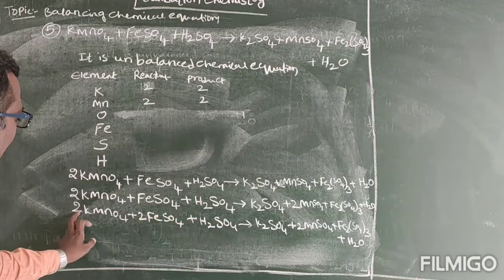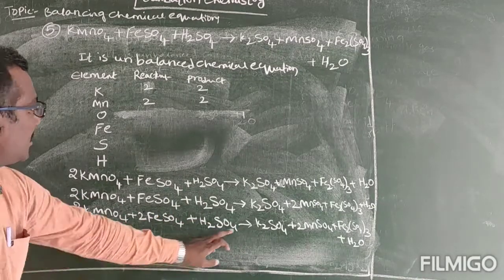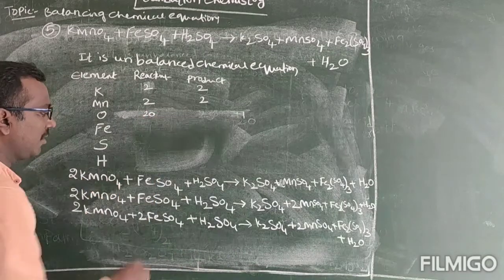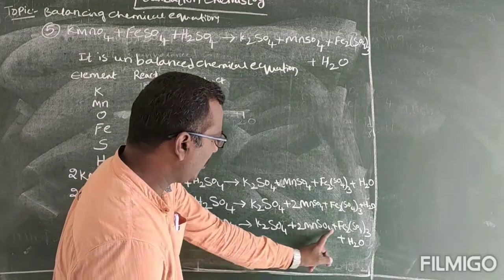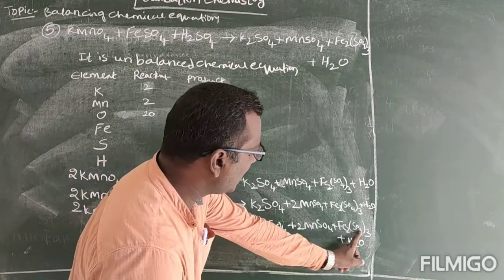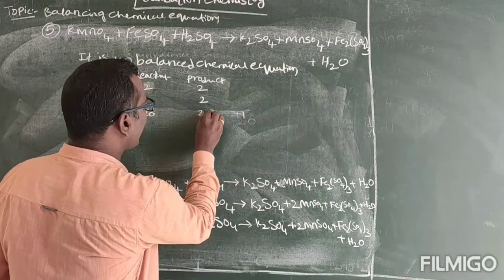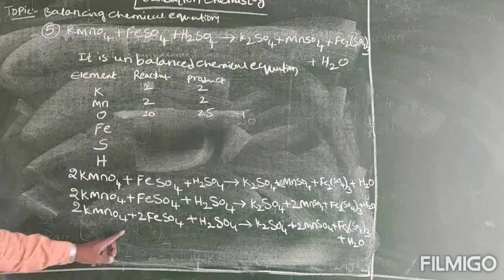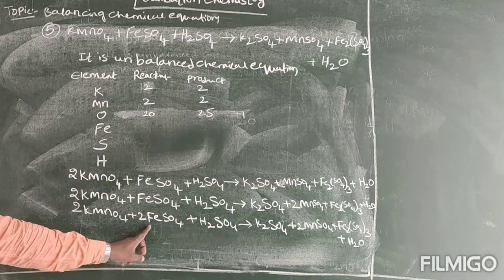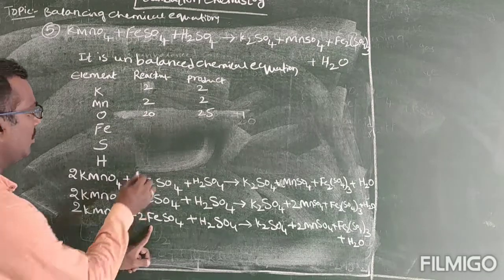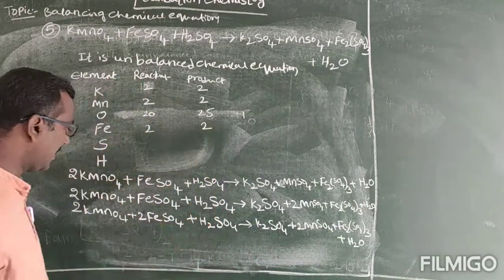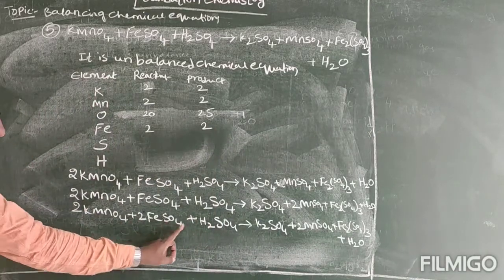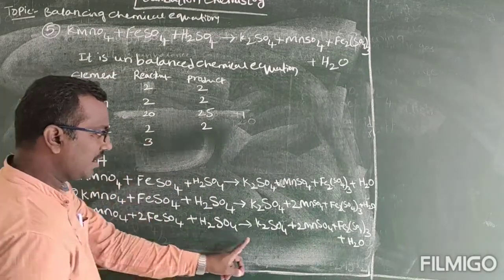Oxygens we have to see: 8 plus 8, 16, for 20 oxygens you have got this side. Next here 4 2s are 8 plus 4 is 12, 12 to 24, 25 oxygens you have got. And iron, here how many irons? 2 irons, and here also 2 irons. Sulfur, how many here? 2 plus 1, 3, and here how many?